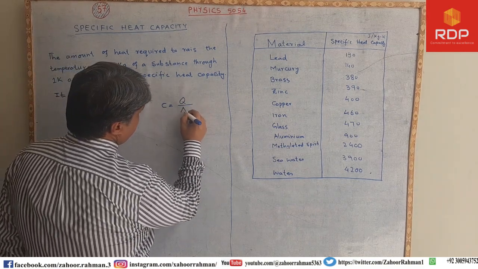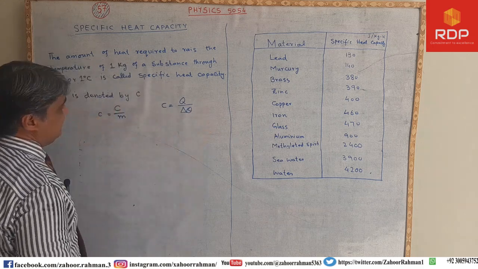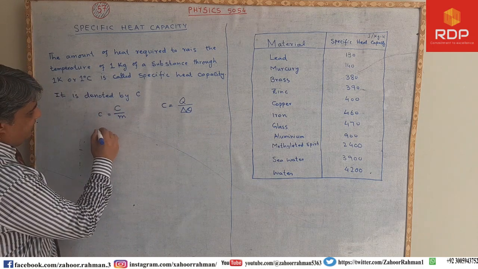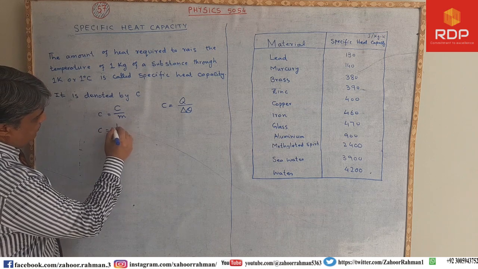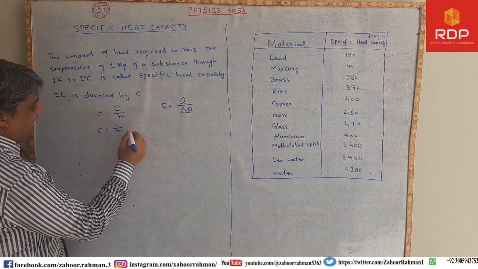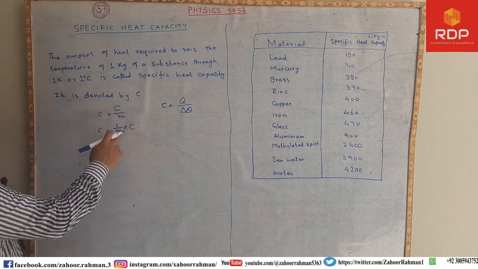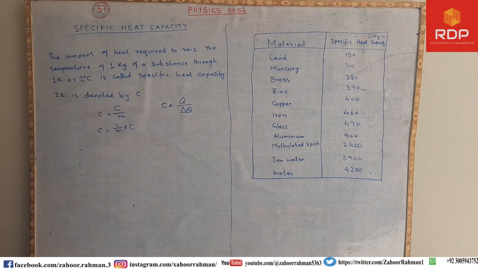So if we are taking this 1 over m as common and writing C, these two statements are equal.